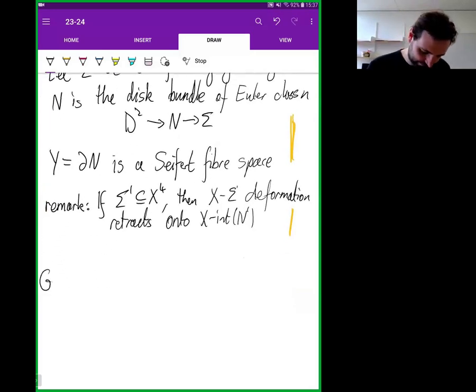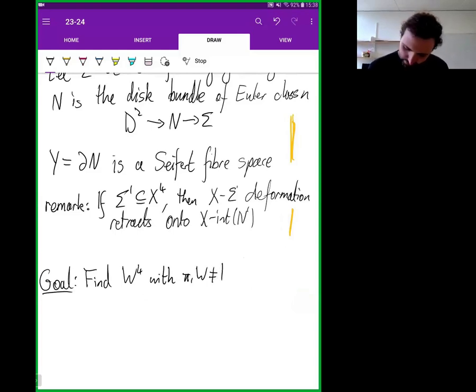Okay, so let's give ourselves a goal. The goal is to find some W^4 with pi_1 of W non-trivial, the boundary of W equal to Y, and such that when we glue W and N over Y, it's simply connected.